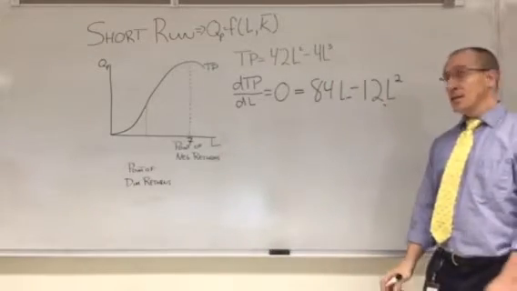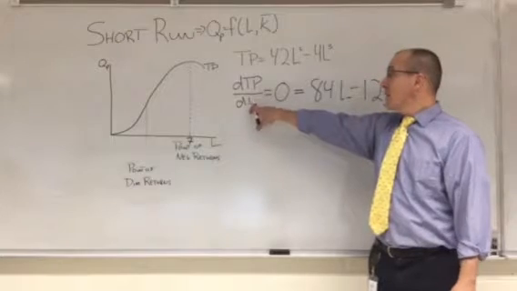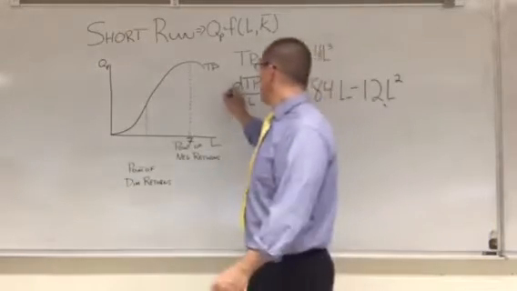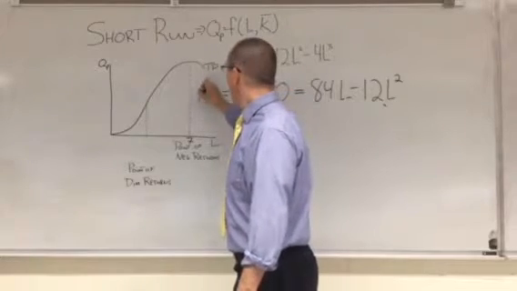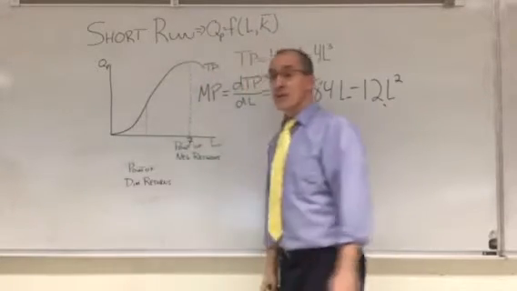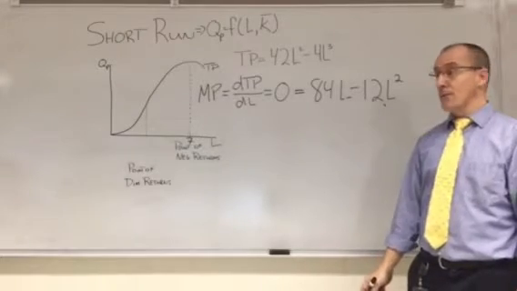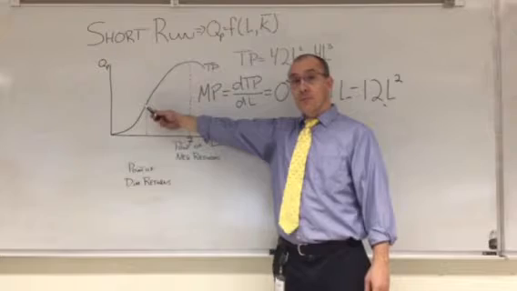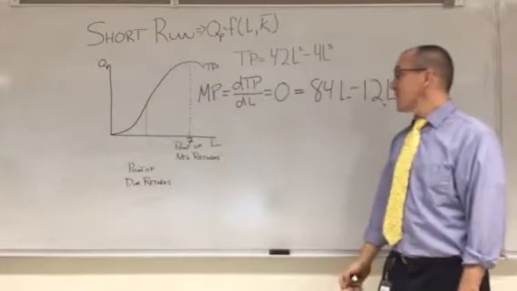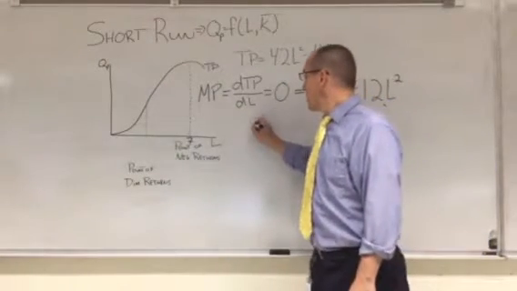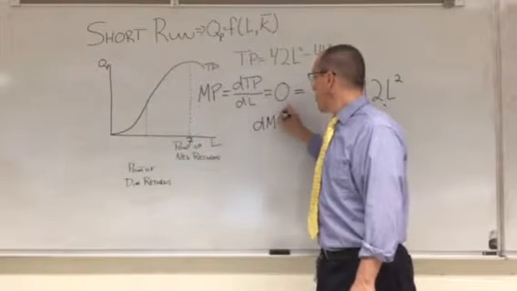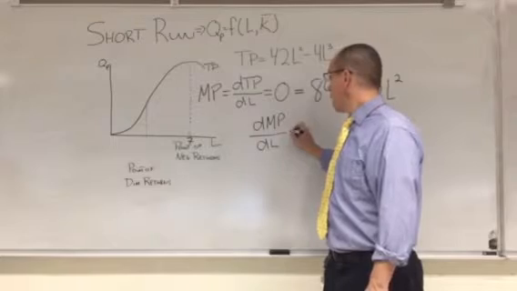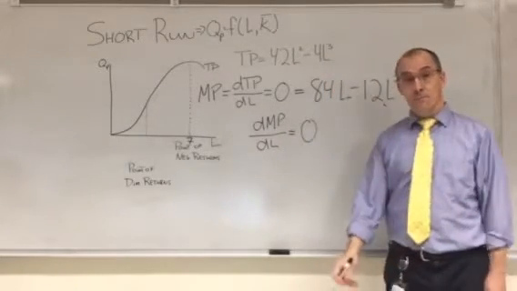The way to see this is that this curve here, change in total product over change in labor, is really my marginal product curve. If I want to find this inflection point, what I need to do is take the second derivative. That is, find where a change in my marginal product for a change in labor is 0.